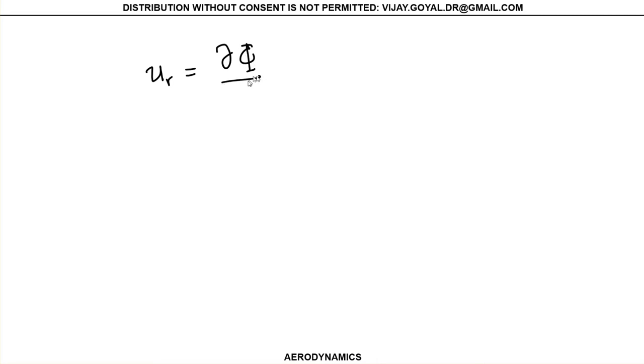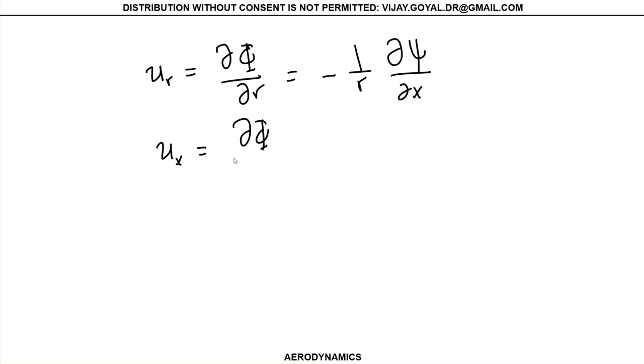Partial of phi with respect to r is equal to minus 1 over r partial of psi with respect to x, and u of x is equal to partial of phi with respect to x, which is equal to 1 over r partial of psi with respect to r. Okay, so this is what we know. This is a definition that you just learned for the polar coordinate system.